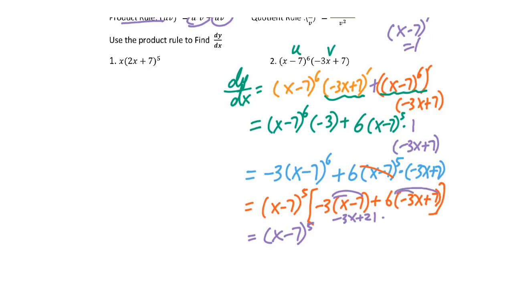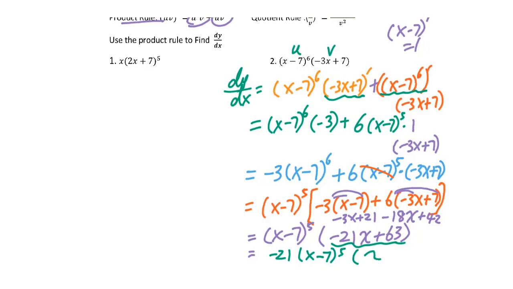Distributive property, negative 18x + 42. Therefore, when you combine like terms, it will be negative 21x + 63. Then for here, the common factor will be negative 21. So I put negative 21 times (x - 7) to the 5th power. Then you get (x - 3).